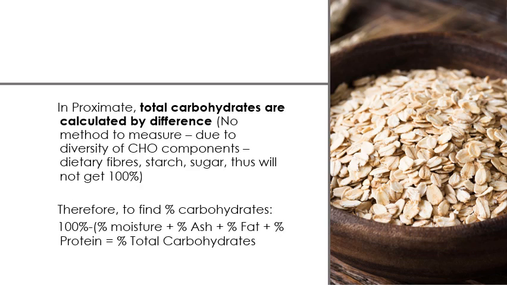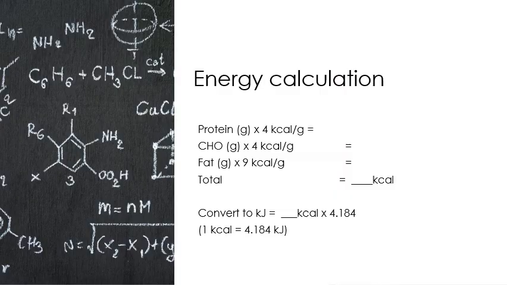As mentioned before, we calculate by difference because there is no standard method that is able to measure all the diverse carbohydrate components. Therefore, to find the percentage of carbohydrates, you just have to deduct the percentage of moisture, ash, fat, and protein from the weight of the sample. If you have fiber, you can also include that in the calculation.